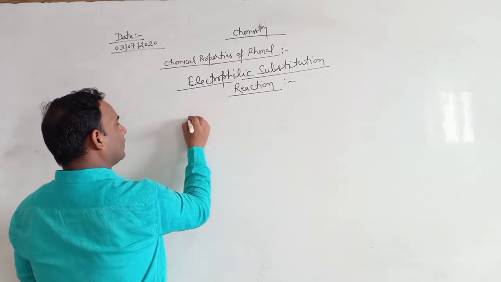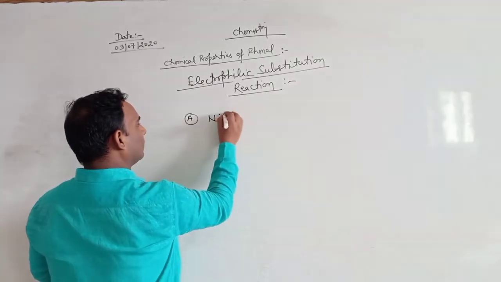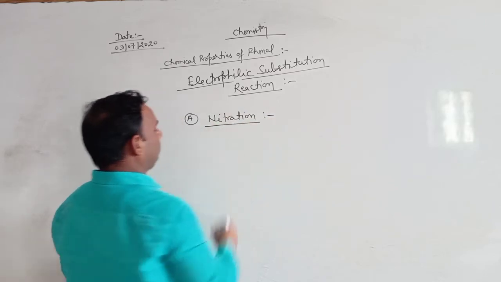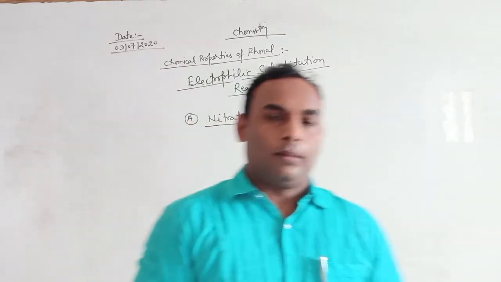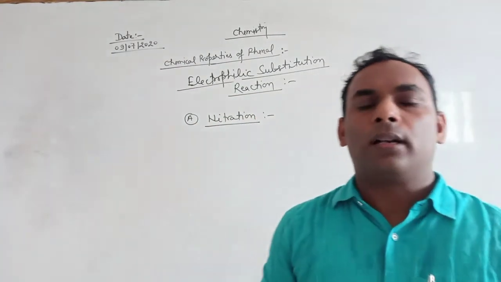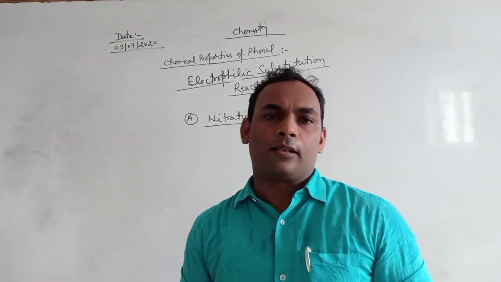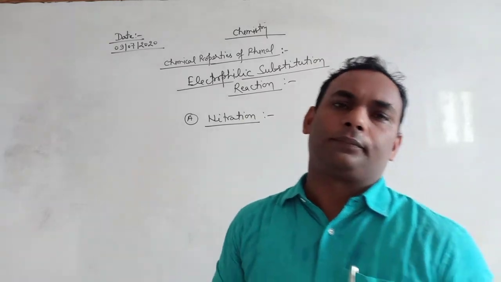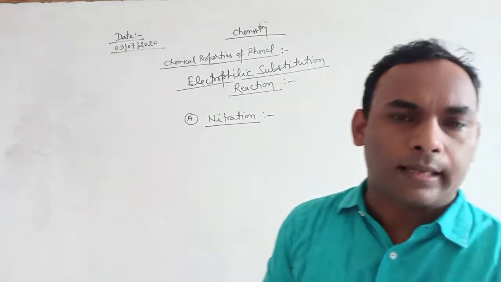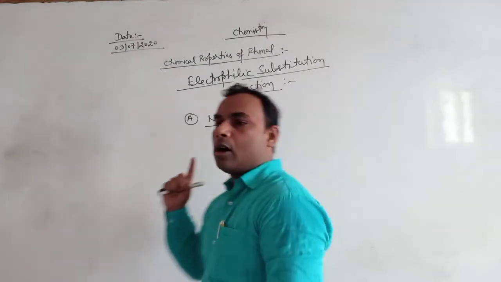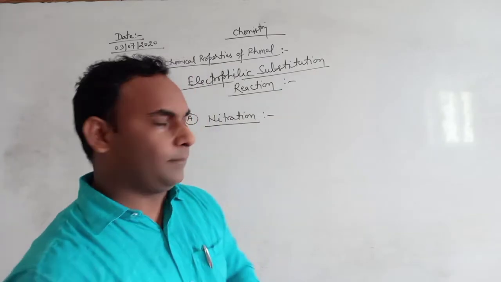The first one is nitration. When phenol is nitrated with concentrated or dilute HNO3 in the presence of concentrated H2SO4, then we get a mixture of ortho and para derivatives.